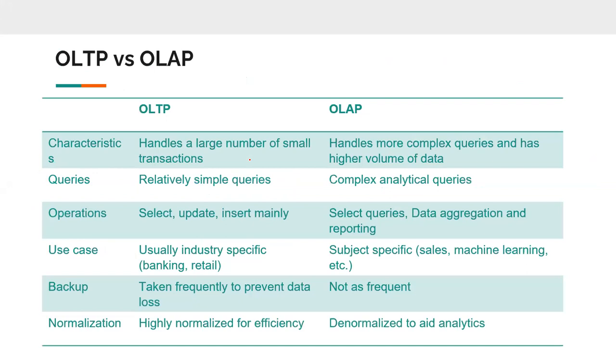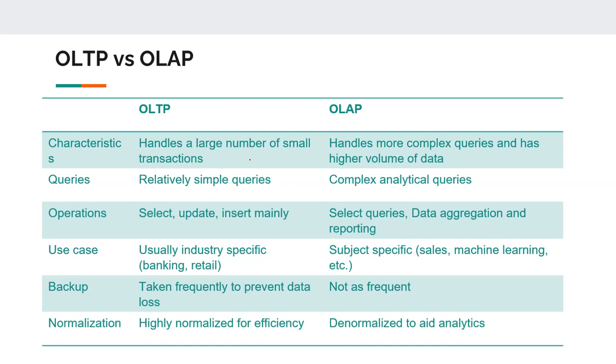So the characteristics of both: for online transactional processing, they handle a large number of small transactions, while the analytical part handles more complex queries on a high volume of data. Why does it handle more complex queries? It's doing a lot of analytical processing, a lot of joins from different tables, and returning a large volume of data.